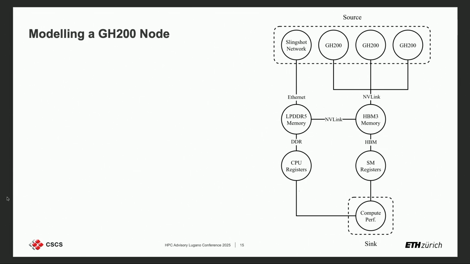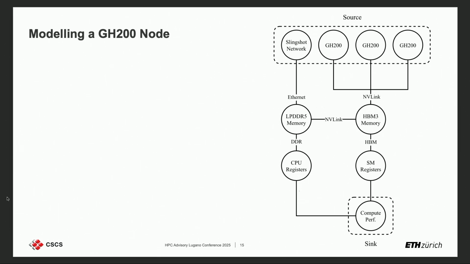We have a source that comprises 4 different components: of course, the Slingshot network, as well as 3 other Grace Hopper nodes which are connected via NVLinks. The node itself has a host memory, a GPU memory, and registers, both on CPU and GPU, and there is one single sink, which is the compute performance virtual sink that we were discussing earlier.